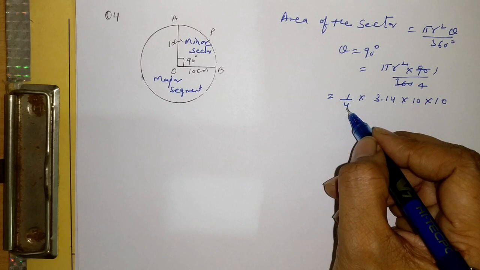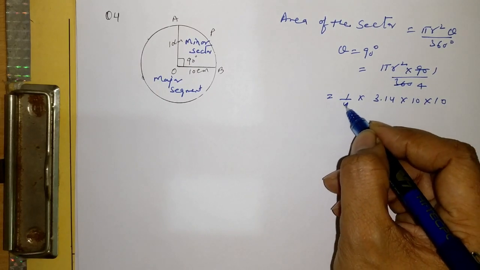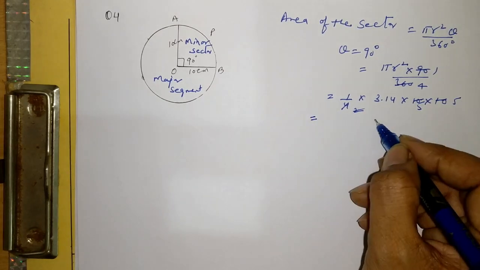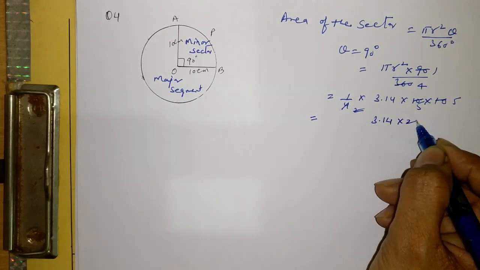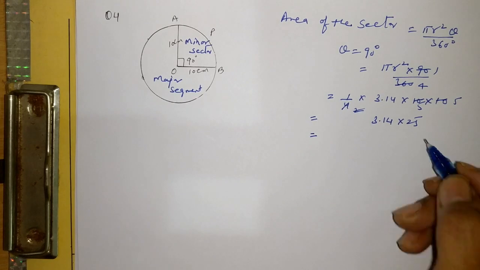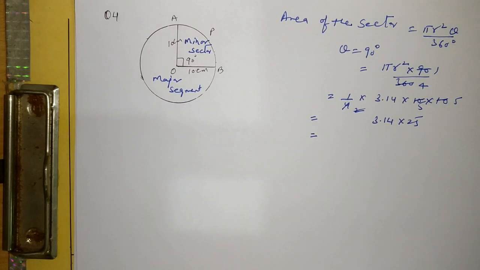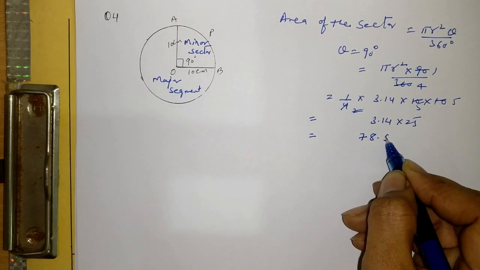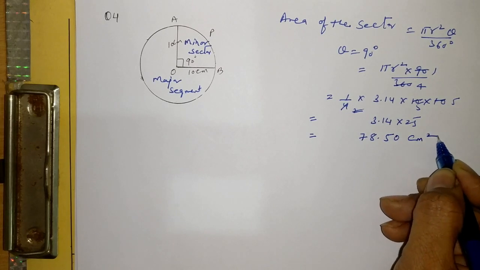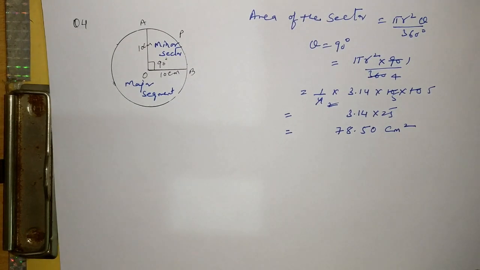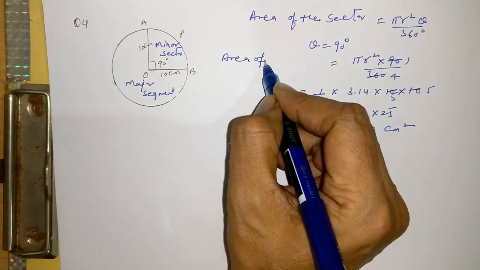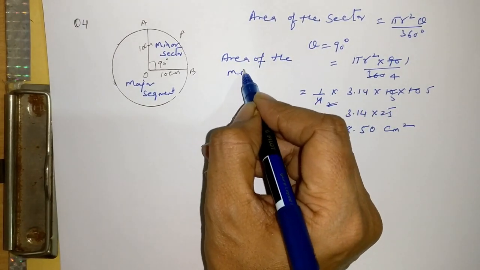We'll simplify this: this cancels, this cancels. So 3.14 into 25, and we get the value 78.50 square centimeter. The area of the sector which I have calculated is the area of the minor sector.